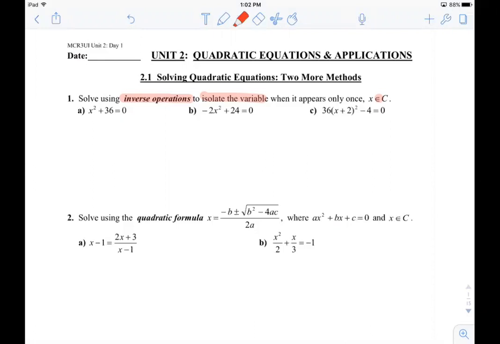So here we're trying to say that x is going to be a member of or a part of a larger set called C. And capital C is a special letter that we use to represent all of the complex numbers. Remember that complex numbers also include just basic old real numbers as well. So sometimes our answers or our x values that we find will just be regular real numbers, the same way that you would have found those real numbered answers back in grade 10.